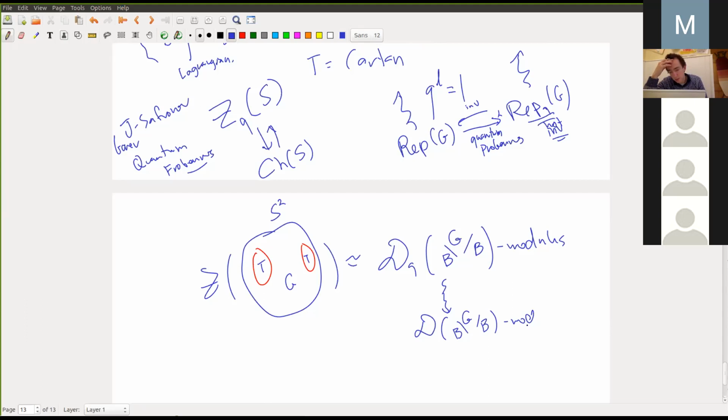So if I were trying to look at decorated character varieties and produce these Hecke modifications on the Betti side, I would start with this picture and try to do some topology.